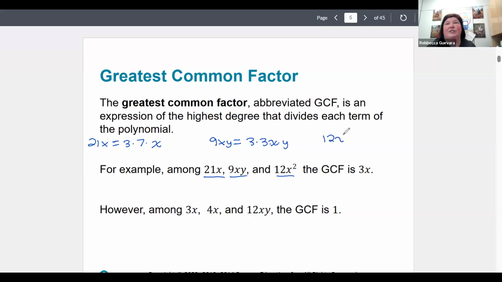And then 12x squared can be broken down into 2 times 2 times 3 times x times x. We want the largest number that will divide everything here. We see each term is divisible by at least one 3, and each one of these terms would be divisible by at least one x. So your GCF, greatest common factor, would be 3x. That is the largest expression that would divide into all of these.